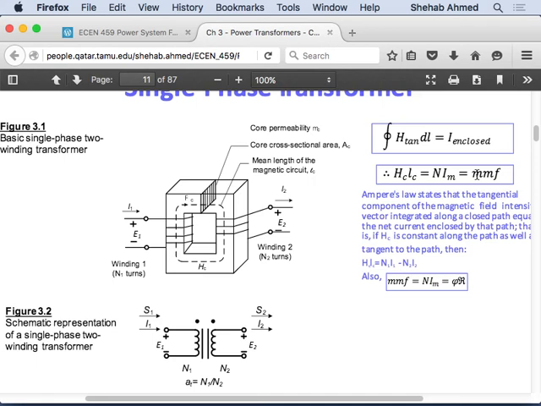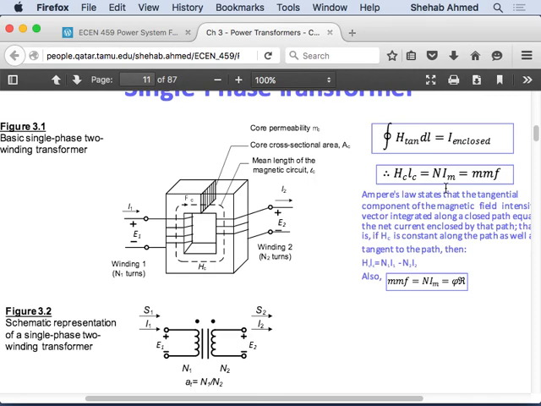So let's say there's current coming in and there's current coming out. Current I1 is coming in and current I2 is coming out. If this core had some impedance, then I1 would equal what?